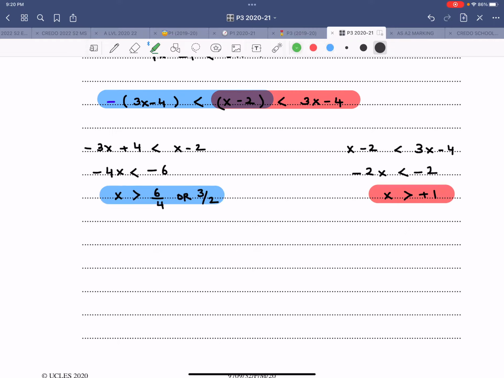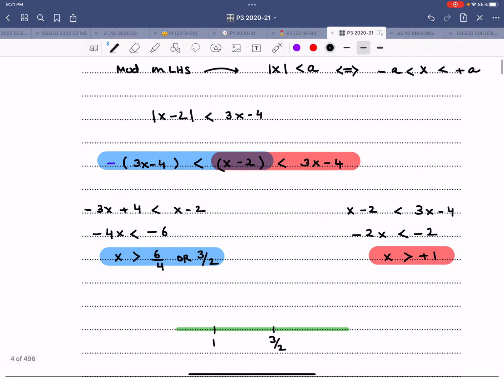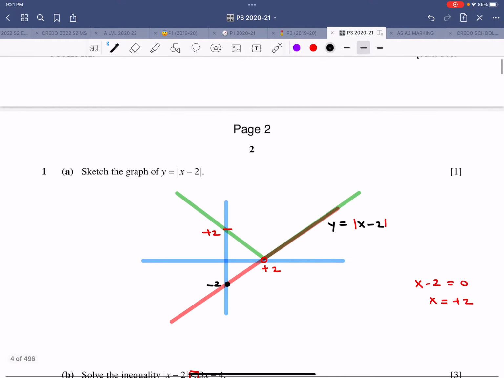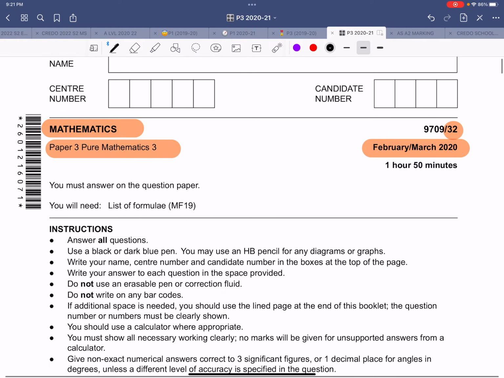Now, the thing is, draw a number line and label x is greater than 1. So, this is 1 and this is 3 over 2. And we have to choose the final answer. What is the final overall inequality? That is what we are focusing on. Have I started with the right footing?